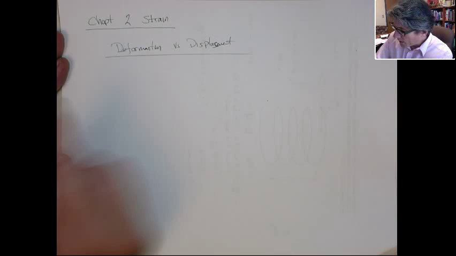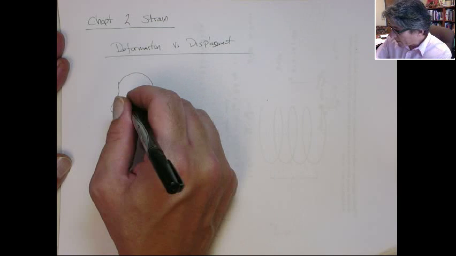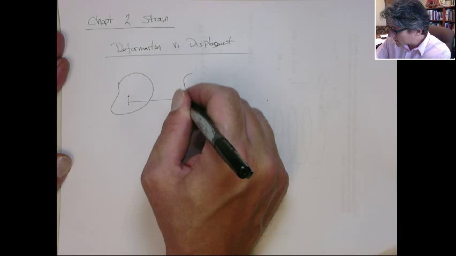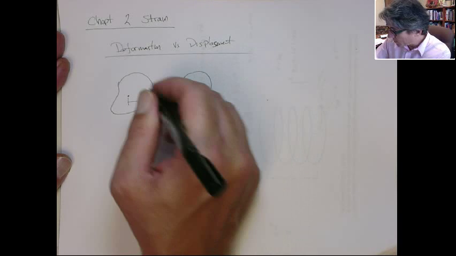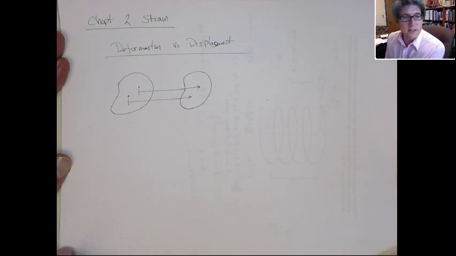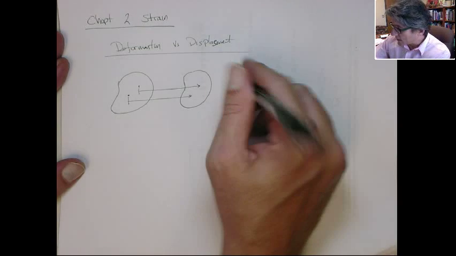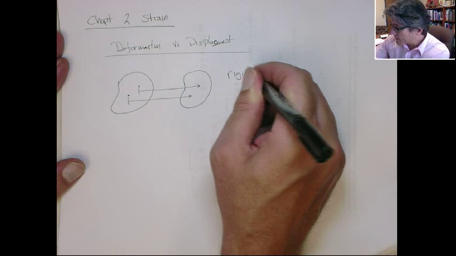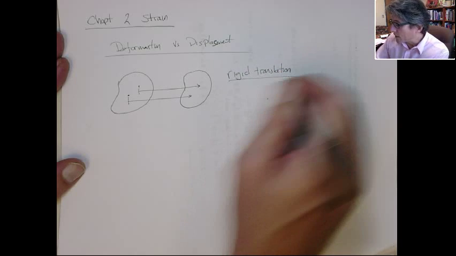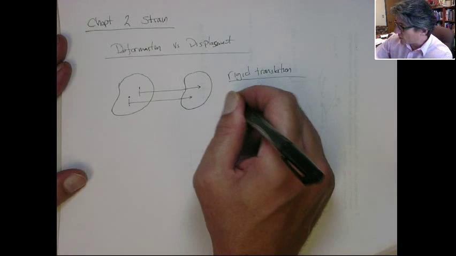So, if you have some body like this, and every point on this body moves the same amount, each point moves this same amount, all these points are displacing, but the body is just rigidly translating.